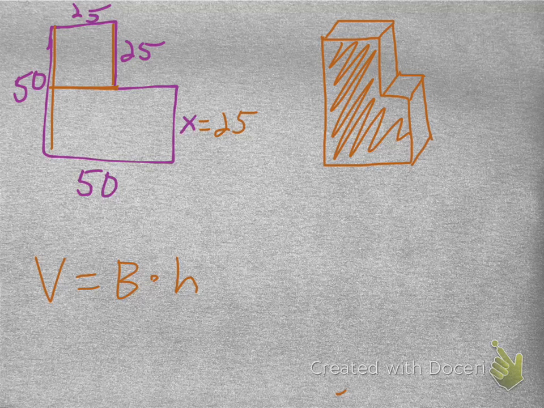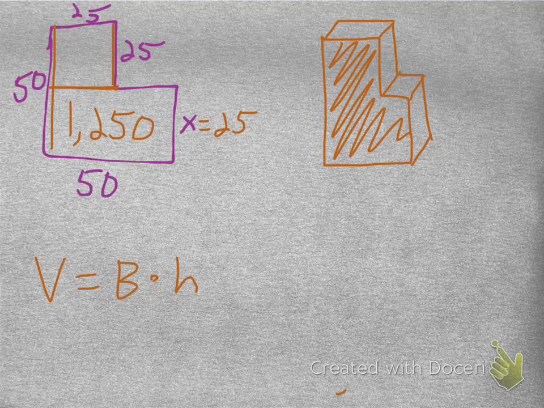25. Alright, so what is 25 times 50? You're going to have to solve it out. 25 times 50. 1,250. That is the area of that rectangle.